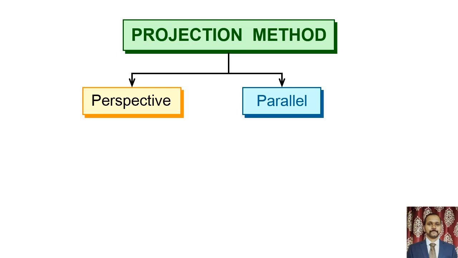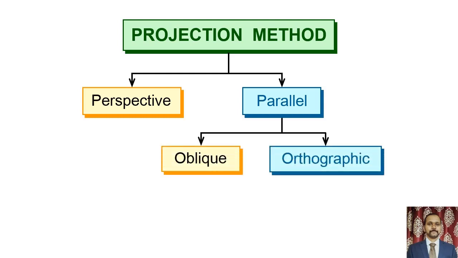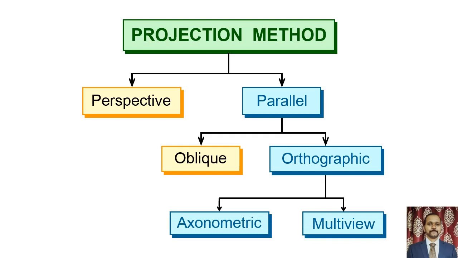So our main concern is with respect to the parallel projection method, that we are going to see in detail. The parallel projection method is again classified into oblique and orthographic. This oblique view, again we are not focusing on.